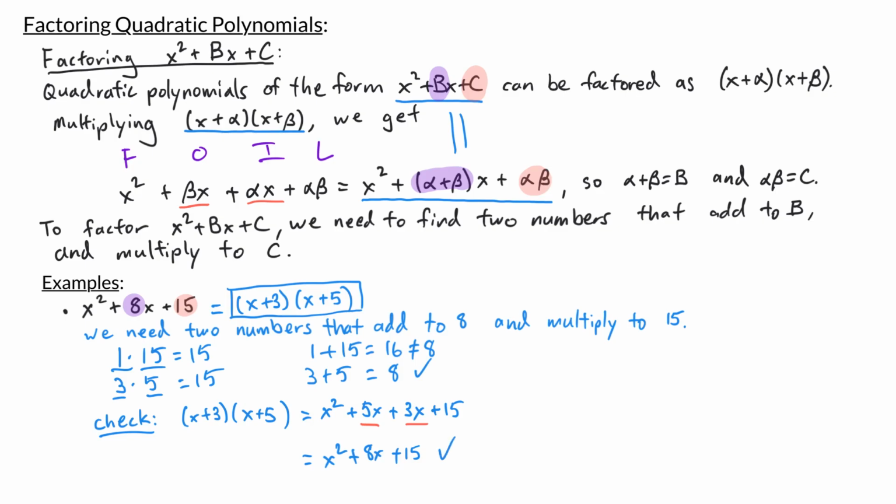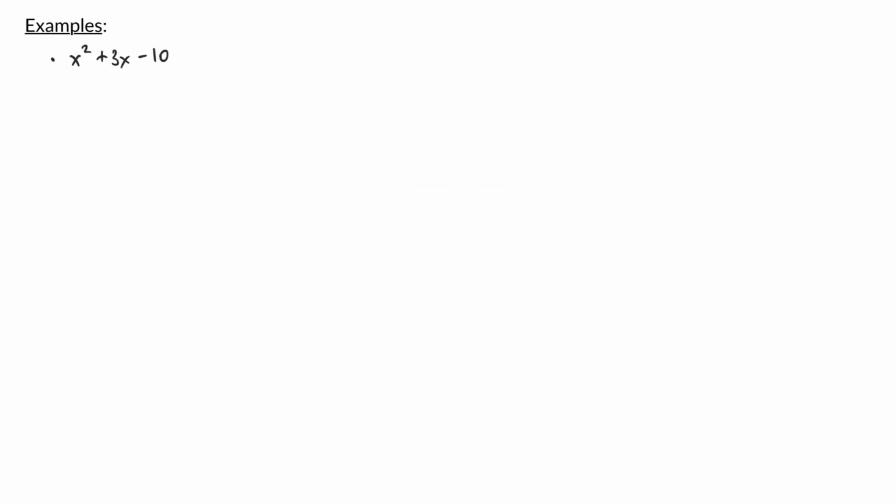Let's look at some more examples. So in our next example here, we want to factor x squared plus 3x minus 10. For this quadratic, b is 3 and c is negative 10. So if we want to factor this quadratic, we need to come up with two numbers that add up to 3 and multiply to negative 10.